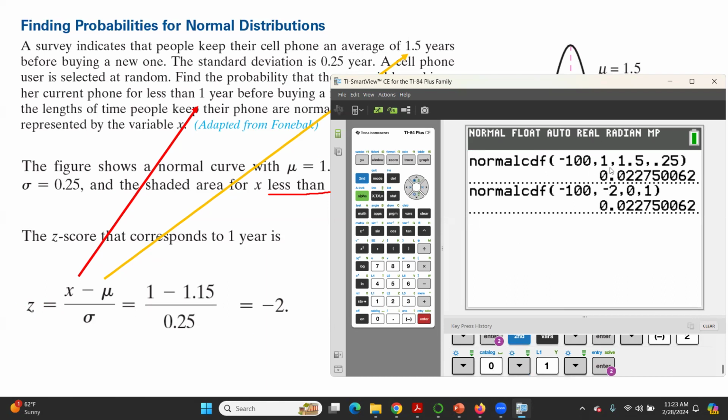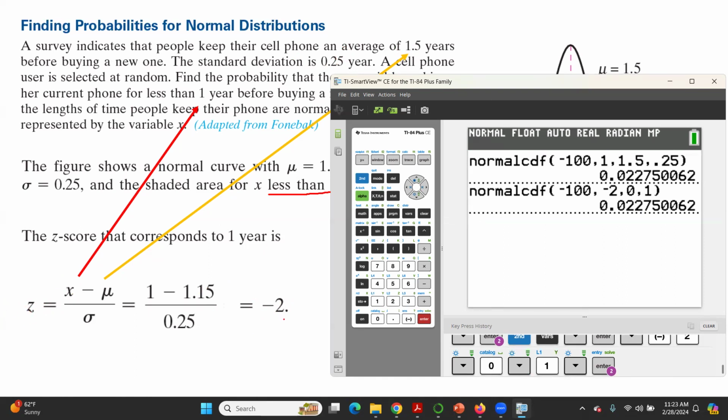For your x, the lower bound is -100, x is 1, mean from the data is 1.5, standard deviation from the data is 0.25. But again, if you decide to use z, you have to convert it. You have to take your x and see what is the representative on the z-axis.